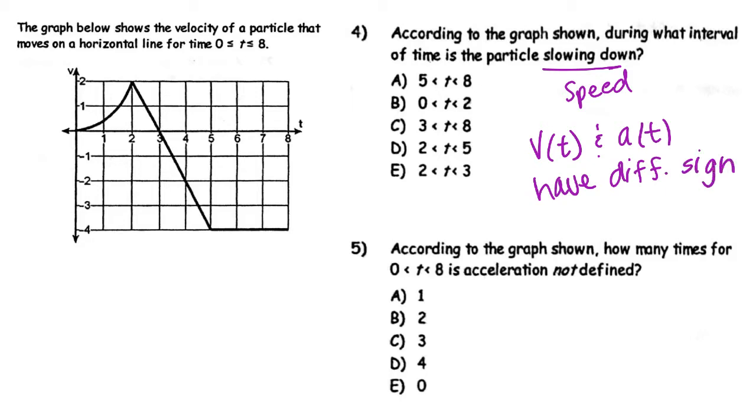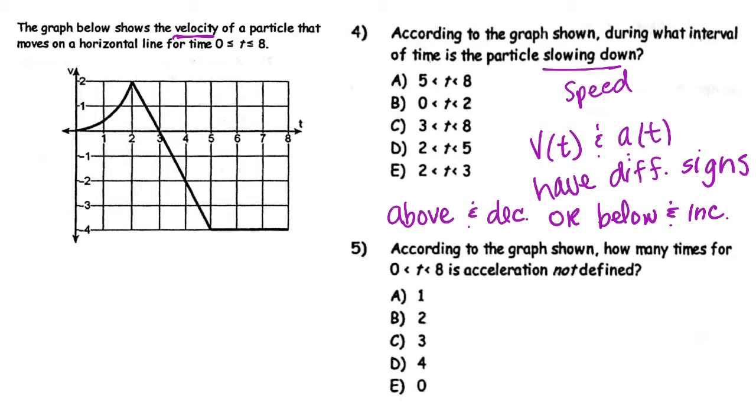Now, graphically, what that translates to, if I'm given the graph of velocity, which I am, is that you're looking for either above the x-axis and decreasing, or below and increasing. Because if you're decreasing, then your slope is negative, which is your acceleration.